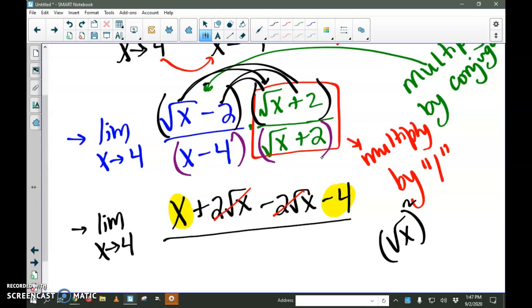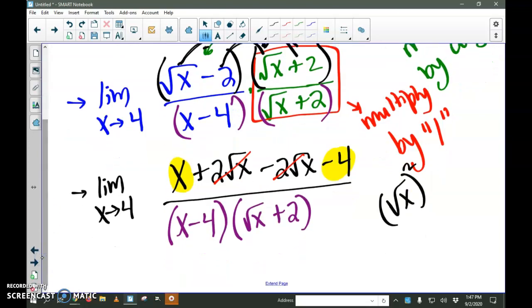So the magic that happened in the top is not going to occur in the bottom. Because these do not both have square roots, it's not worth my time distributing that out. It was worth my time in the top because the square roots undid each other. I don't have square roots for both expressions in the bottom, not worth my time.